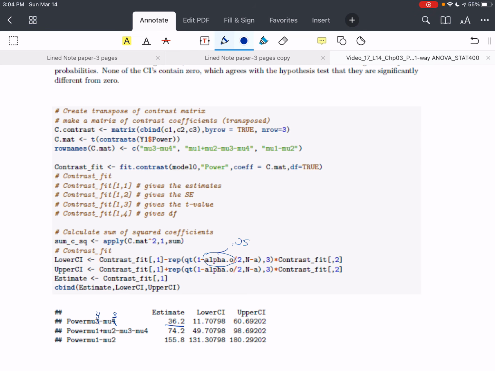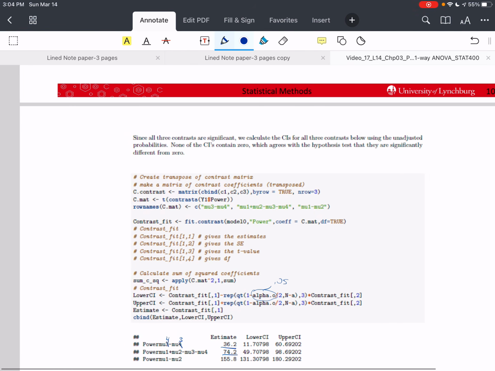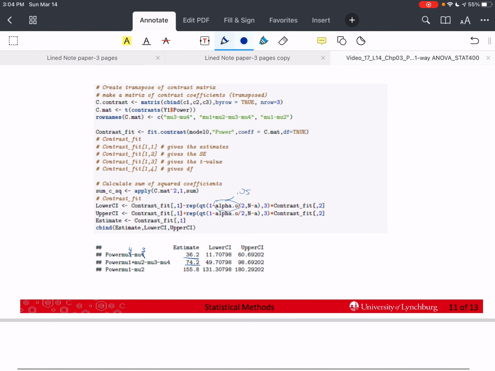These are actually the opposite of what I meant for it to do. So why did it do that? That's interesting. But you'll notice this confidence interval does not contain 0. Neither does this one nor this one.